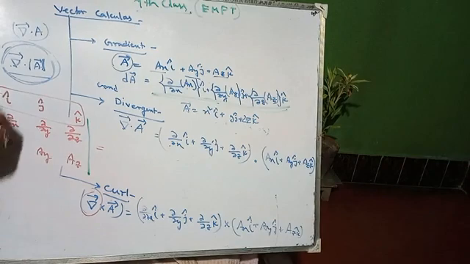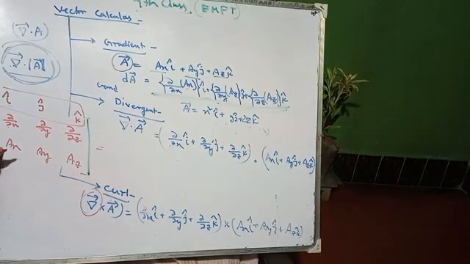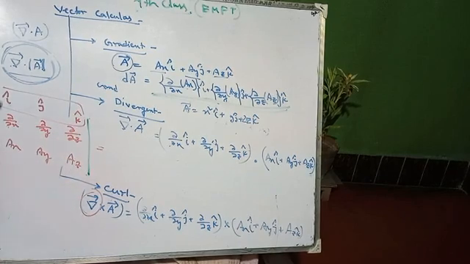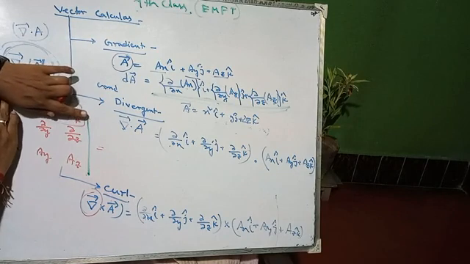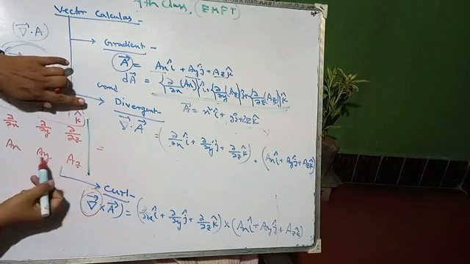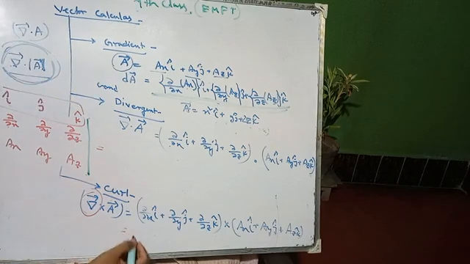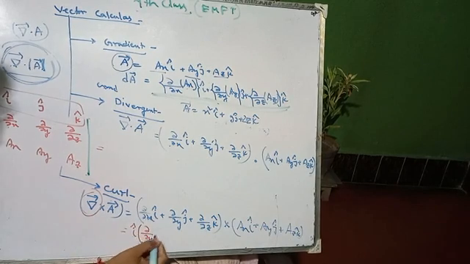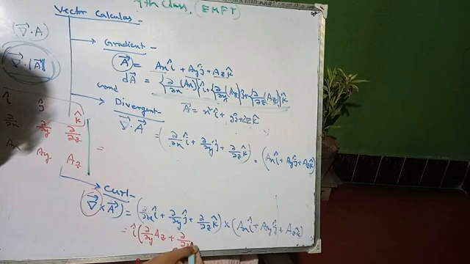If you consider it as a determinant, what will be the result? Taking i cap as common: del del y of az plus del del z of ay.